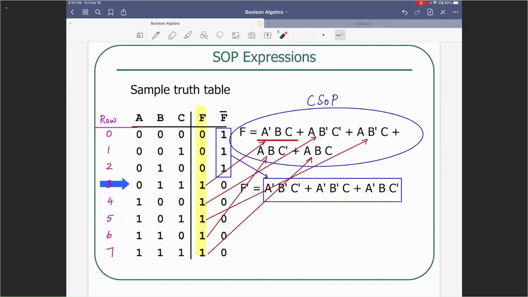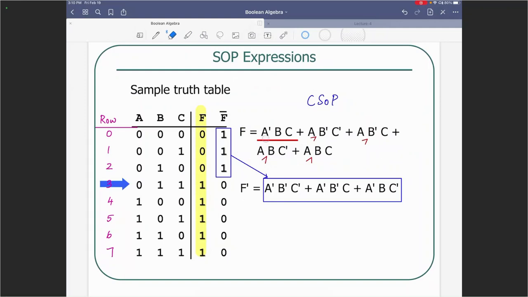If I have one output, I'm able to write an expression for F. I'm also able to write a canonical sum of product for F complement. Now, like Andrew pointed out, it would be really helpful if I had a compact way of writing things, say for F. These arrows are making things a little bit messy here, so I'm going to erase those guys and instead just say this is the red box.